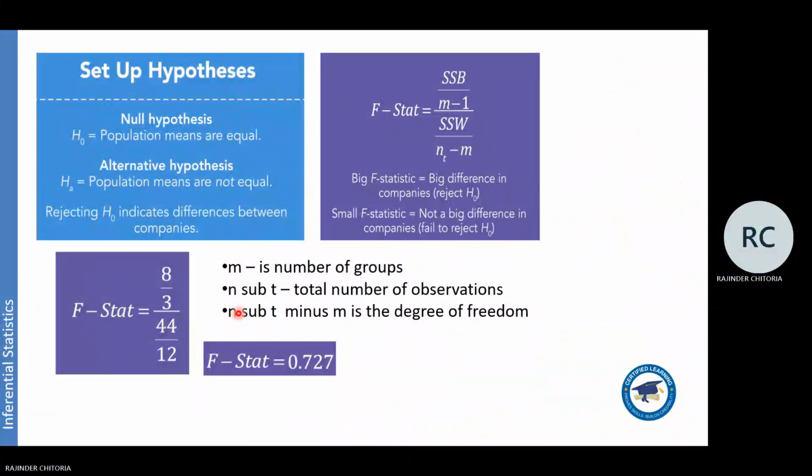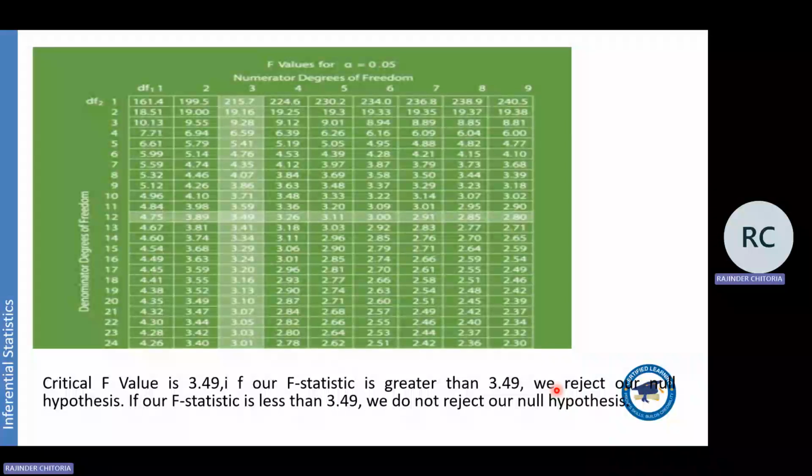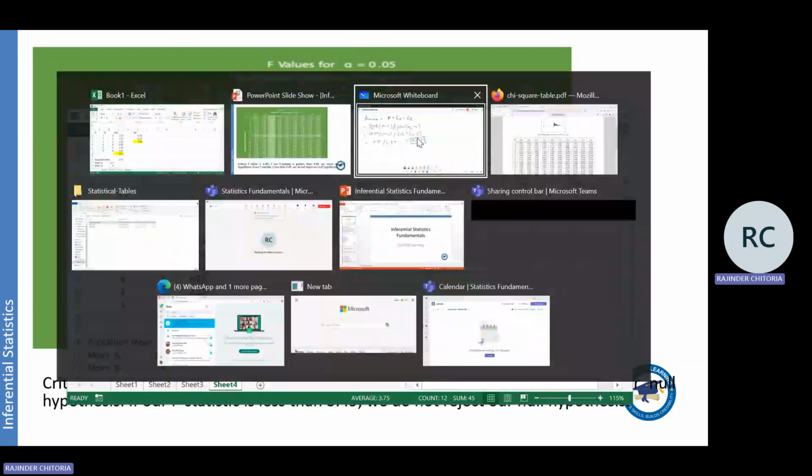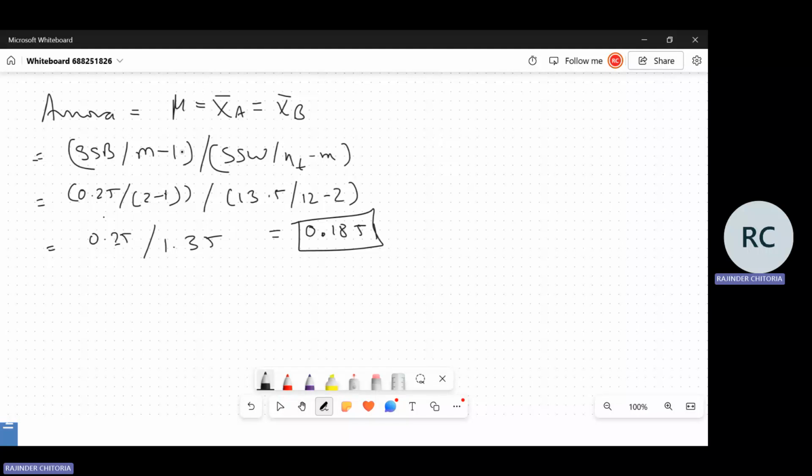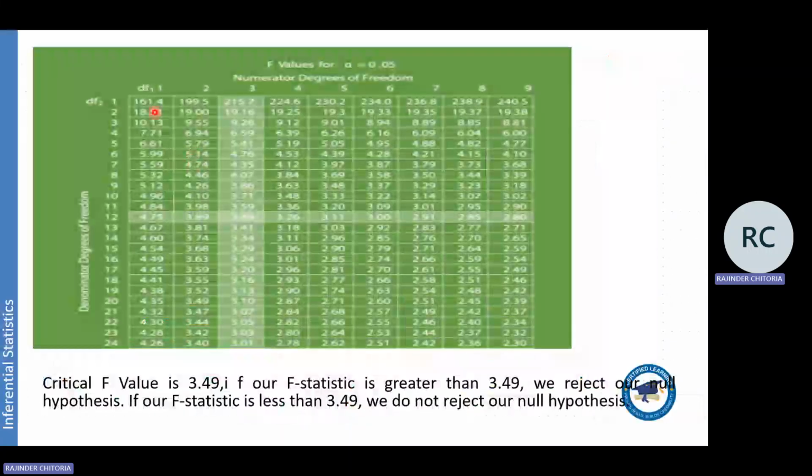So the degrees of freedom we have with us in general are N total and M. Let's run this. The numerator degree of freedom, by the formula M minus 1, is 1 in our case. And the denominator is 12 minus 2, which is 10.